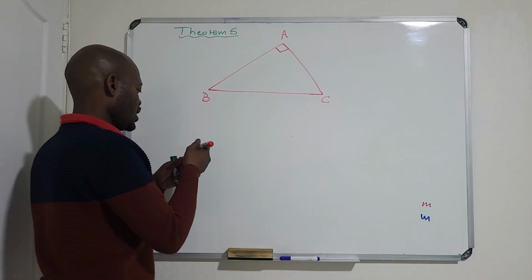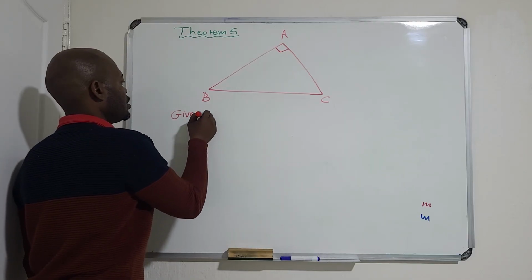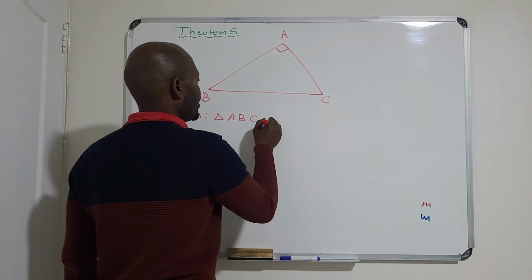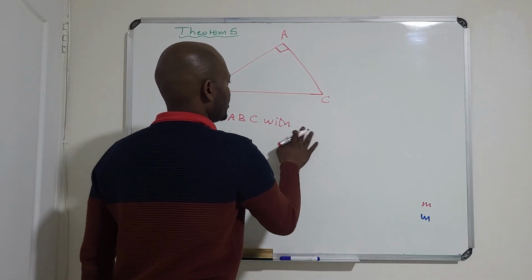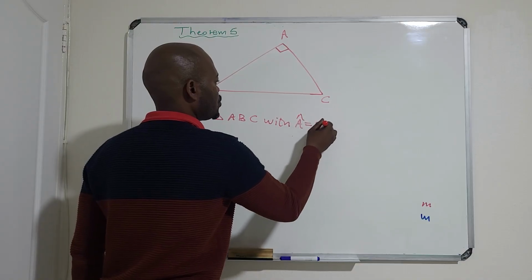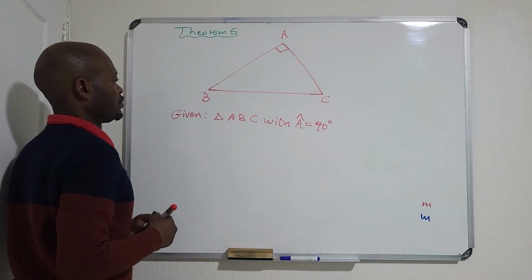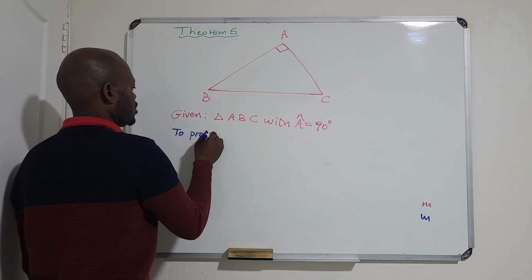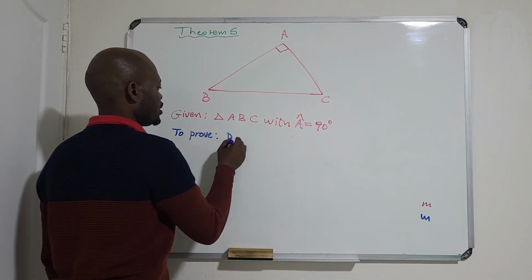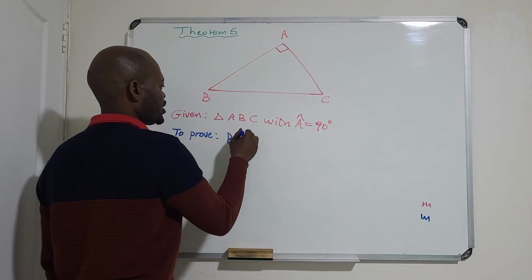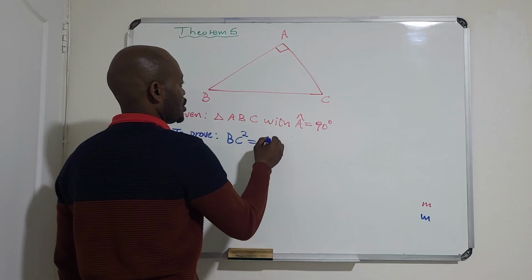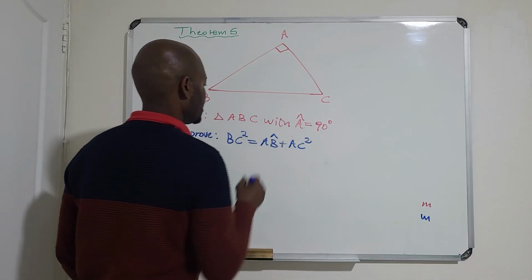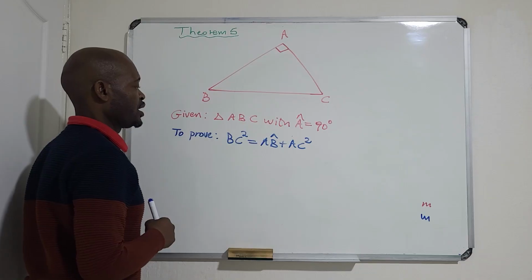Now, given triangle ABC with angle A equal to 90 degrees, to prove that BC squared is equal to AB squared plus AC squared.